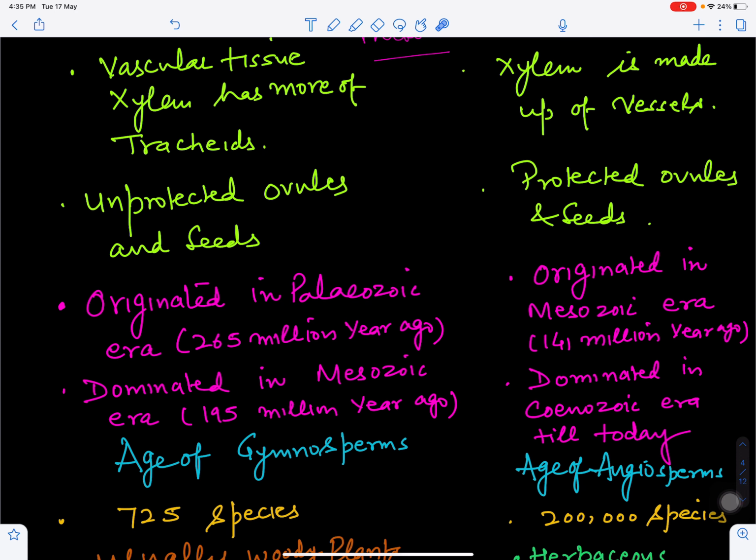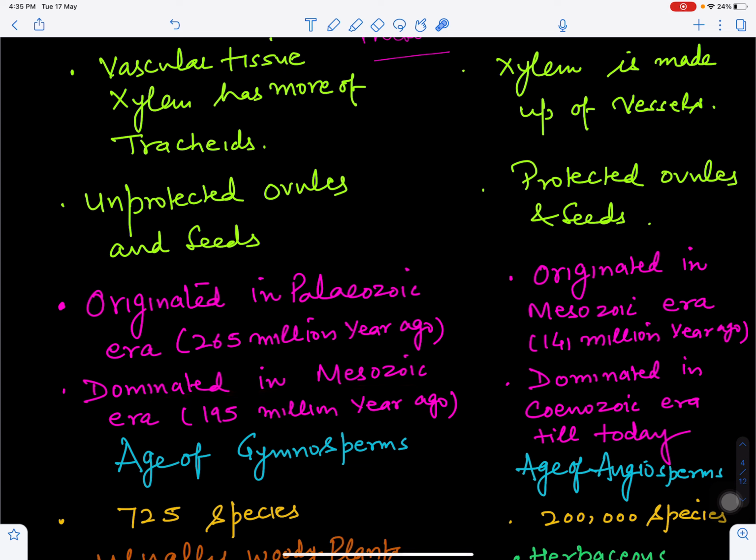Now, gymnospermic plants originated in the Paleozoic era about 265 million years ago, and angiospermic plants originated in the Mesozoic era about 141 million years ago. Now, gymnospermic plants dominated in the Mesozoic era, 195 million years.